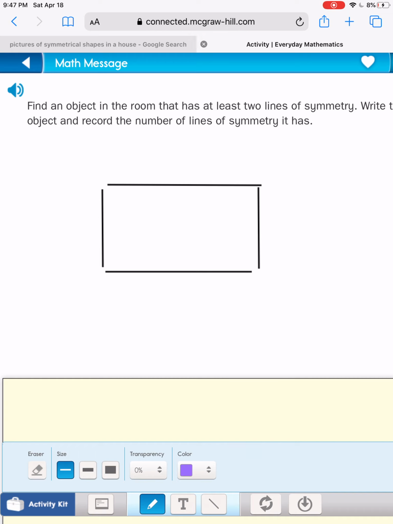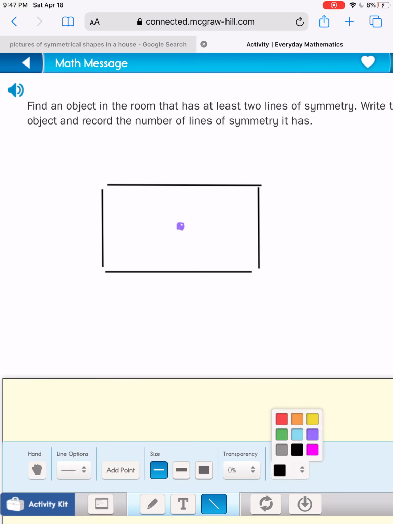But first, I'm going to draw a dot in the center of my TV. Because when we're talking about symmetry, lines of symmetry must go through the center of the object, center of the shape, center of the picture, whatever it is that you're finding line symmetry in. So my purple dot is the center of my TV.